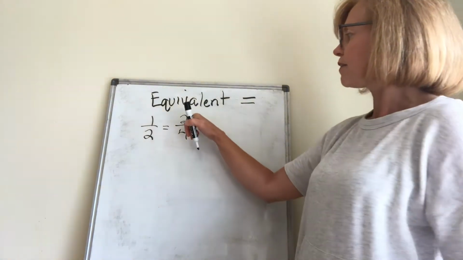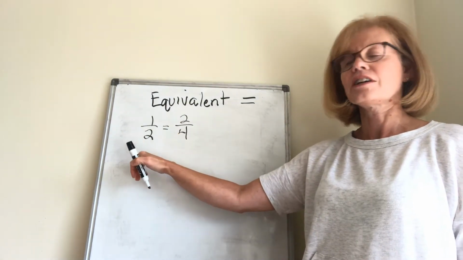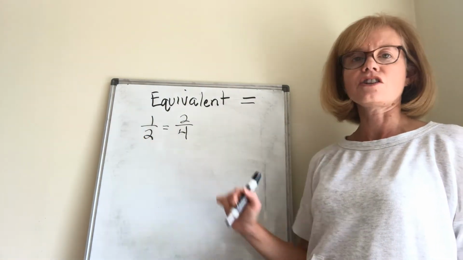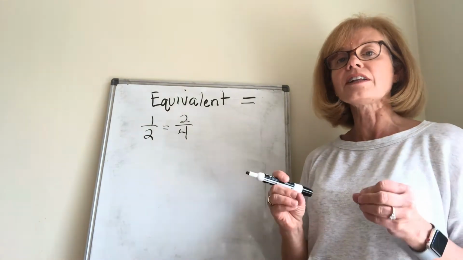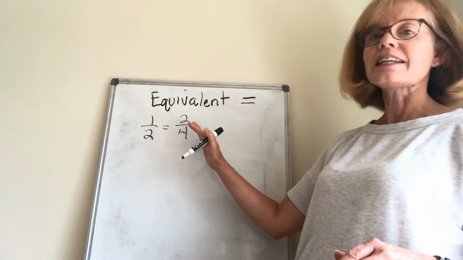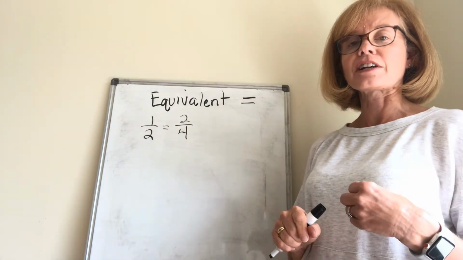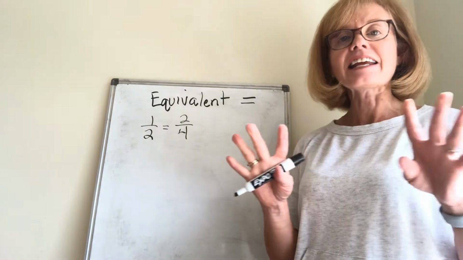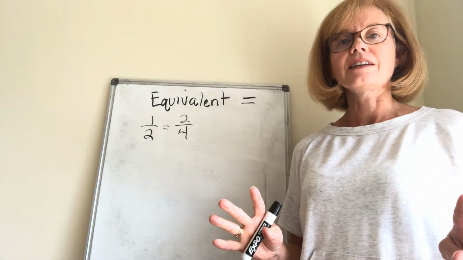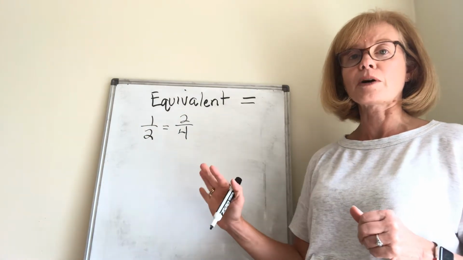Notice that the numerator and denominator are larger than 1 and 2. It's an equivalent fraction. It is the exact same amount, but we're finding an equivalent fraction with a larger numerator and denominator. Not a larger portion, but just we've divided the whole into more parts.